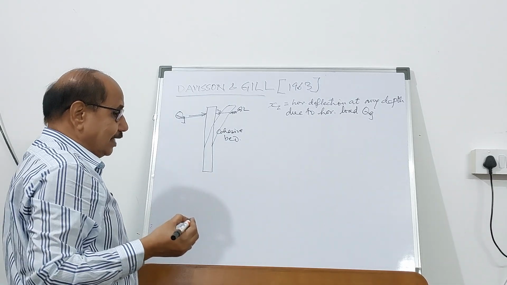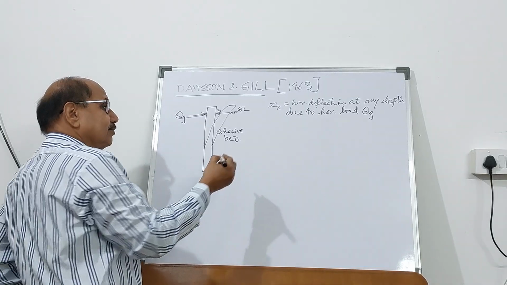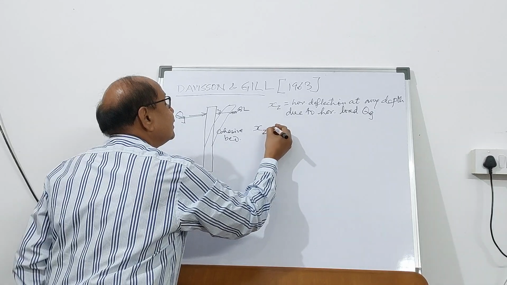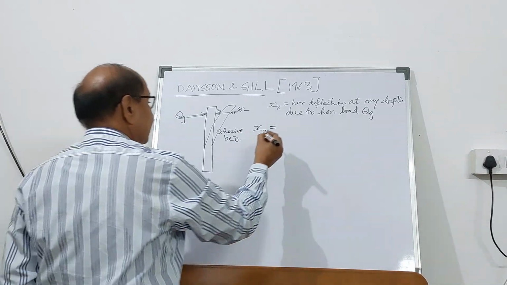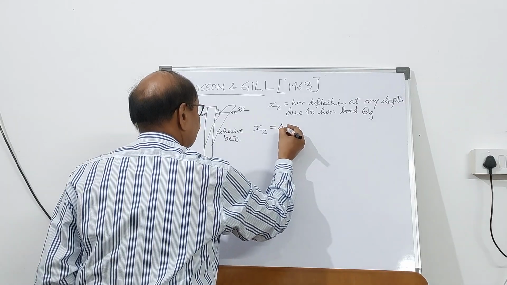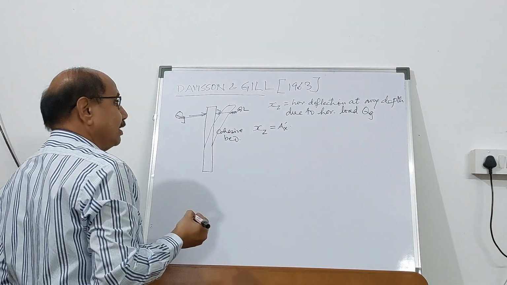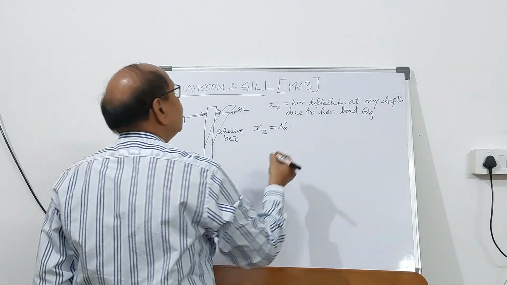So Davisson and Gill gave a very good technique of calculating the value of xz. Xz is given by a coefficient Ax bar. This coefficient was given by Davisson and Gill. I will tell you how you can find it out.